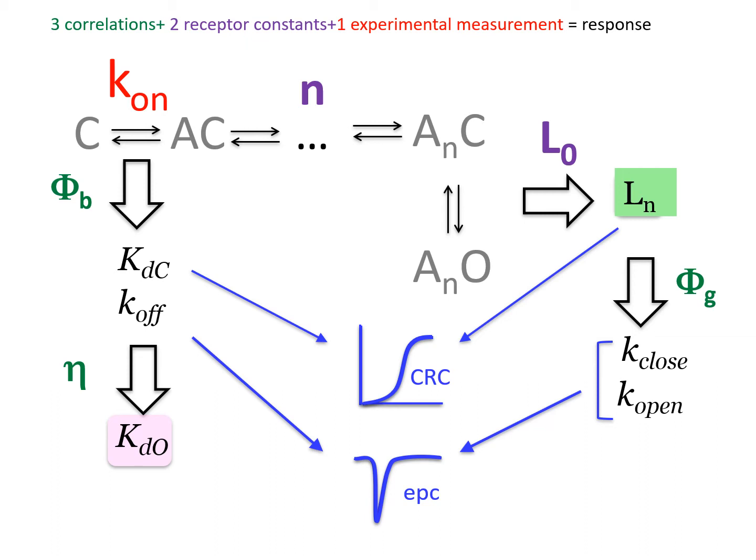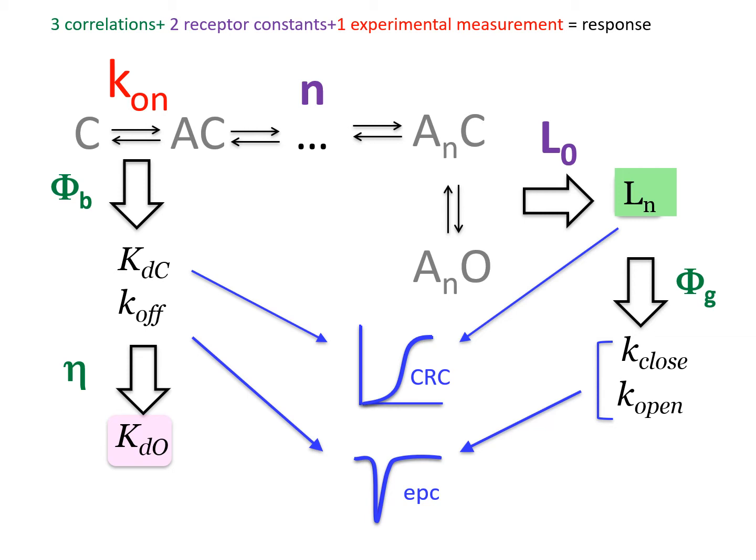So if I owned a drug company, I would say, given a receptor, measure its L0, given some agonists, measure their efficiencies to determine the agonist families, and then take a billion compounds and measure K on for those billion compounds.